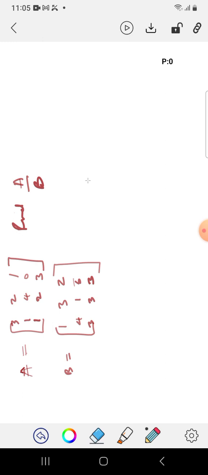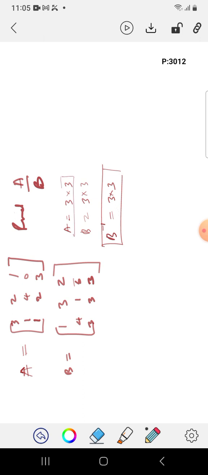What you do is this. You know that A is a 3 by 3 matrix. B is also a 3 by 3 matrix. Definitely B inverse will be a 3 by 3 matrix. So all you will do is find B inverse, then multiply A by it. A comes first, not B first.